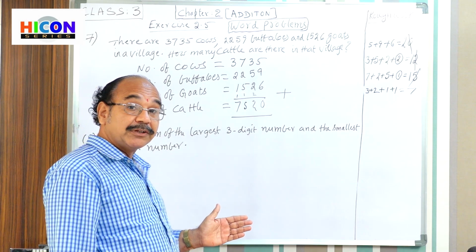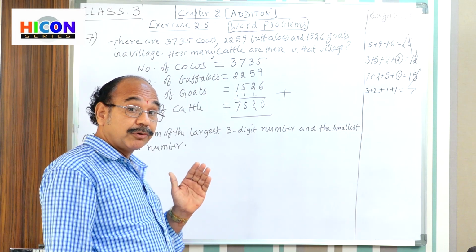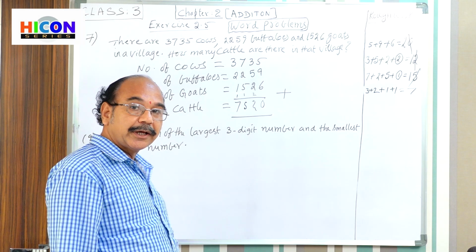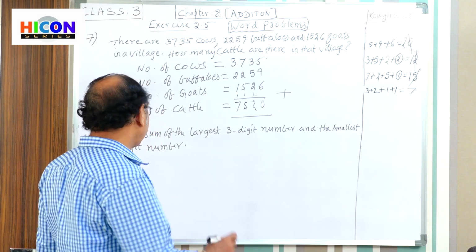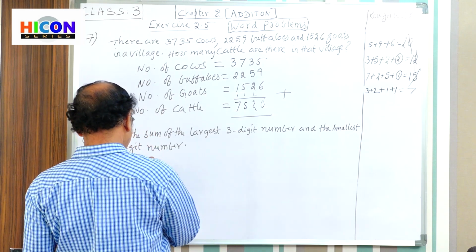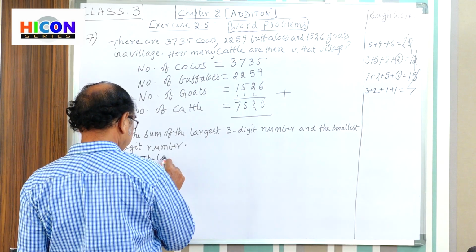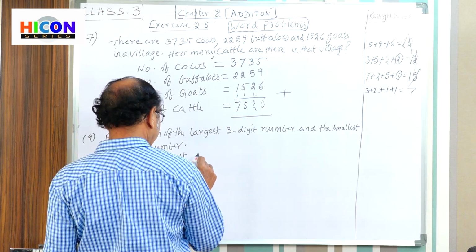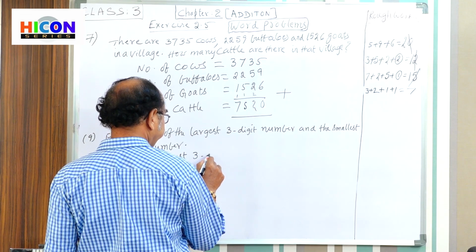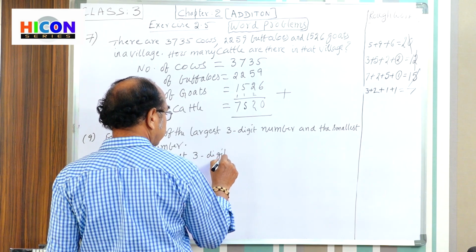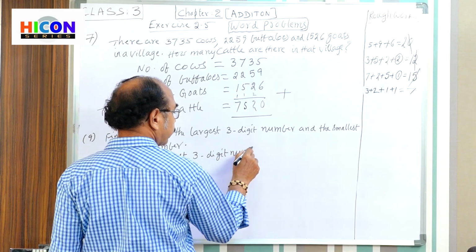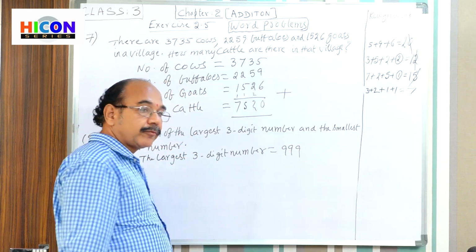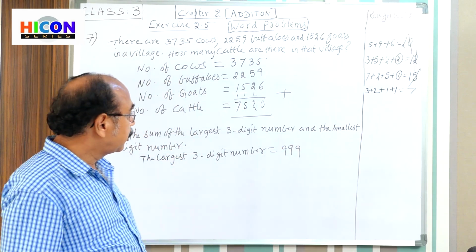After 999, 1000 will come. 1000 is the first 4-digit number. Largest 3-digit number means we write here 999. Here we write the largest 3-digit number is equal to 999. That's the largest 3-digit number.